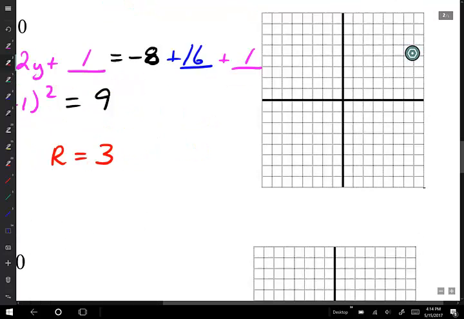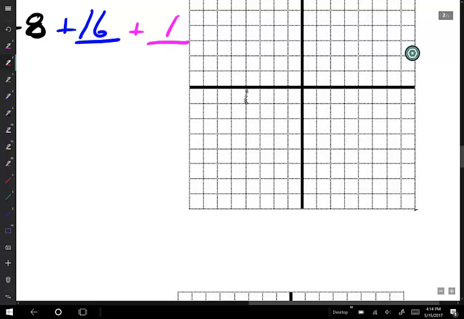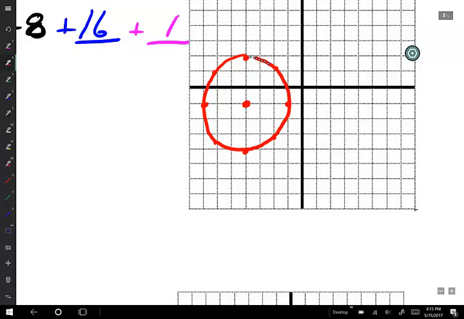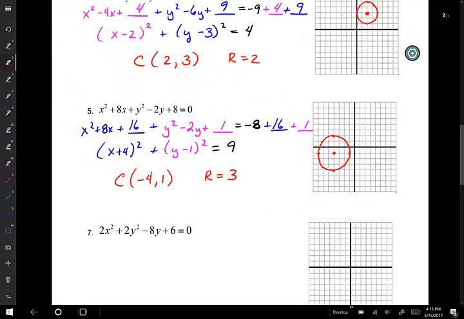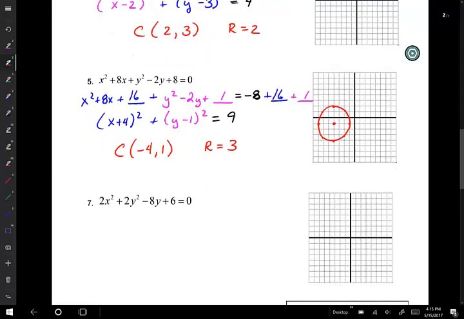So let's sketch that. (-4, 1) with a radius of 3. I find if you put the extra points at the 45-degree angles, it helps your graph look more like a circle and less like a diamond.